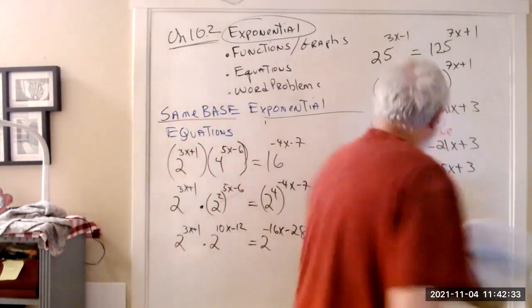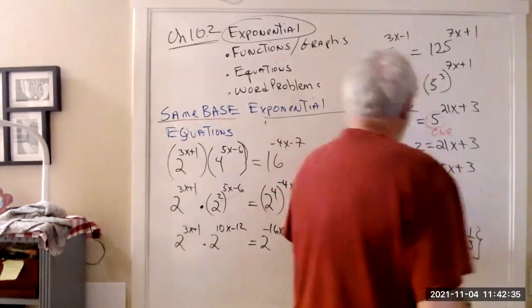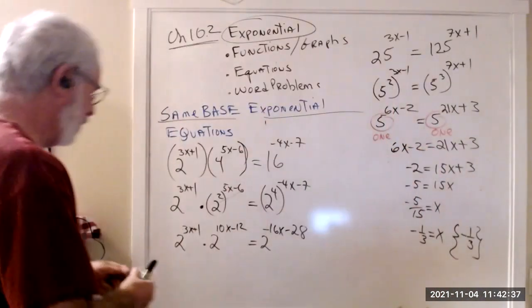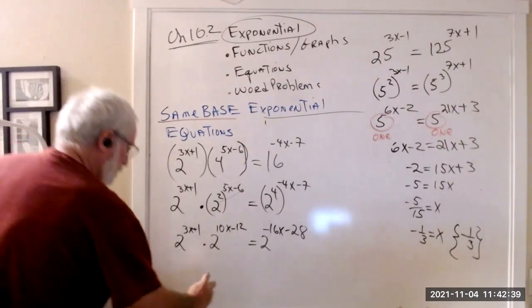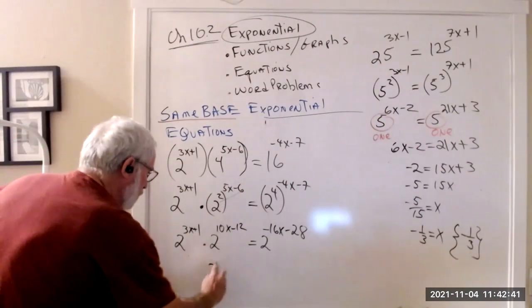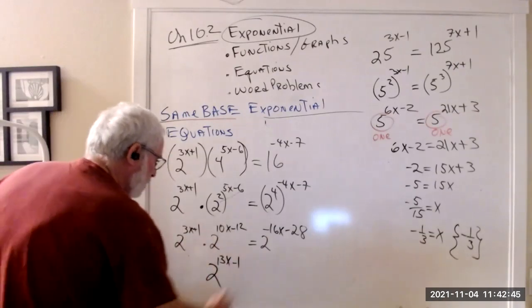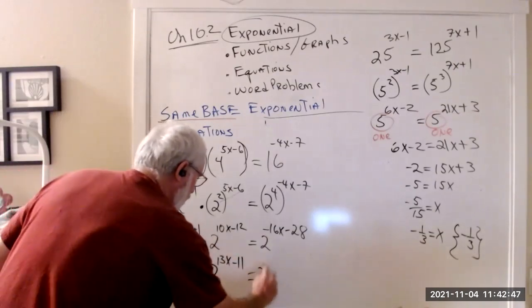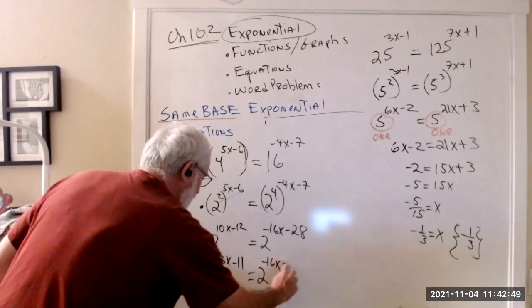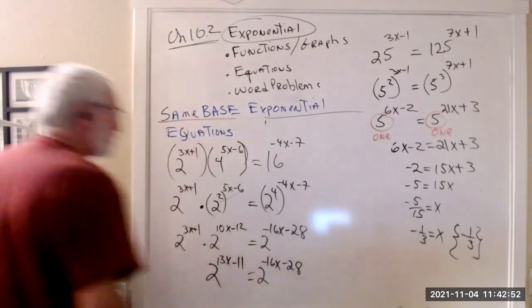Okay, well, what's that got to do with anything? This could be combined into 2 to the 13x, add the powers, minus 11, equals 2 to the negative 16x minus 28.